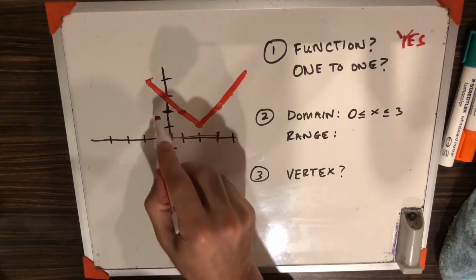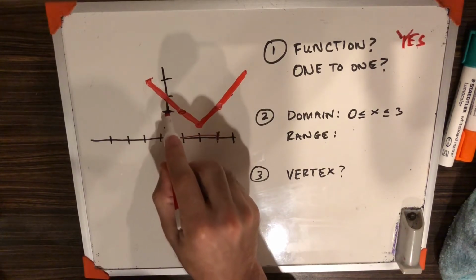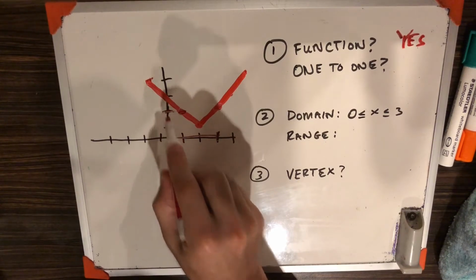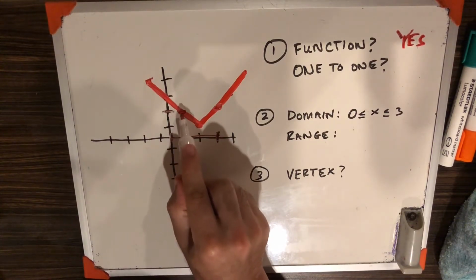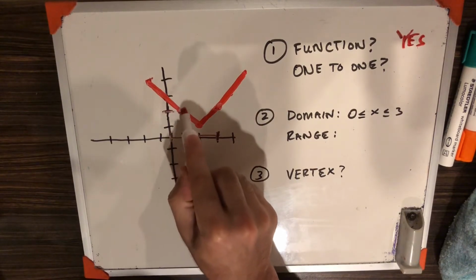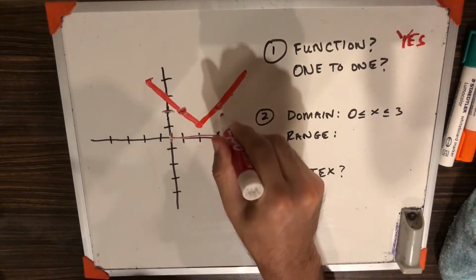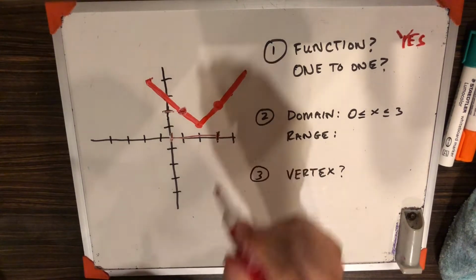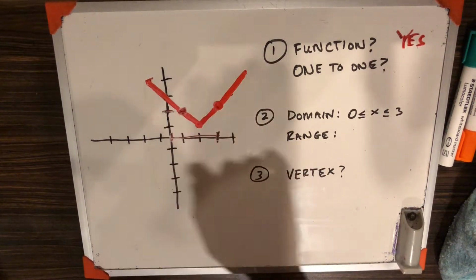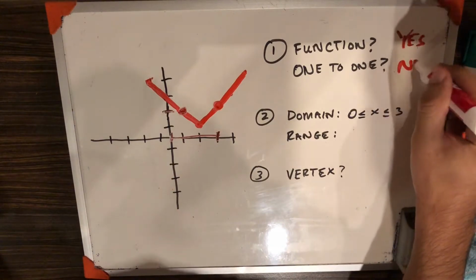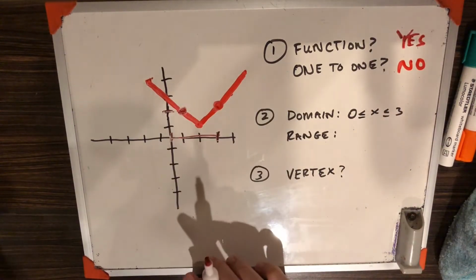Let's use an example. If we look at the y value of 2, it has an x value of 1. It also has an x value of 3 as well. For one y, there are actually two x's. In that case, this would be a no. This would not be a one-to-one function.